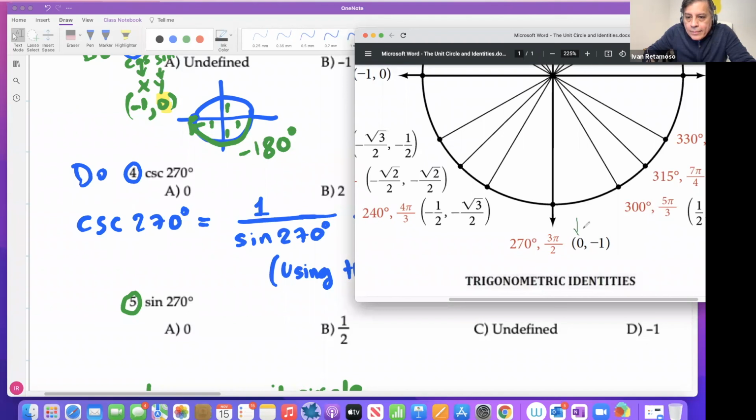Because we're working on the unit circle, sine and cosine come for free by looking at the coordinates.